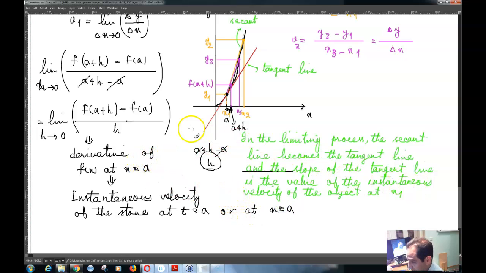So now this value, the limit of f of a plus h minus f of a over h as h tends to 0, has been called f prime. The notation for that is f prime of a, meaning the derivative of the function f of x at point x is equal to a.